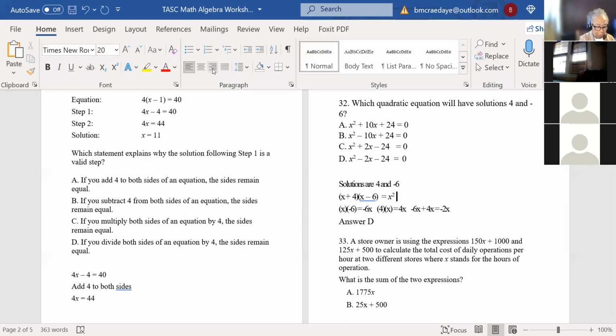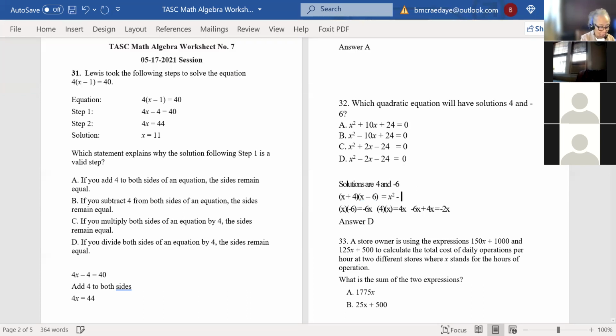Okay, so then we put our minus 2x, and then the plus 4 times a minus 6 gives you the minus 24. So this will be minus 24, and that matches. What did you say, Vanessa?